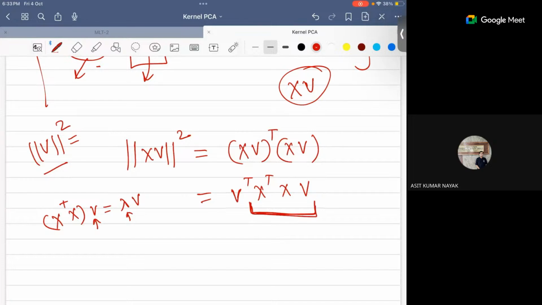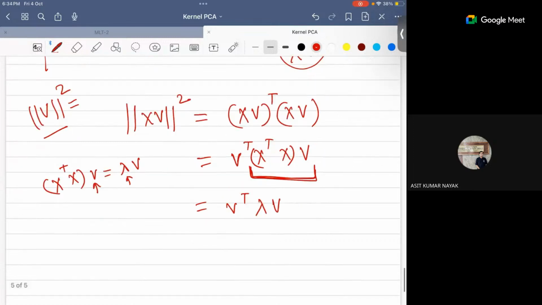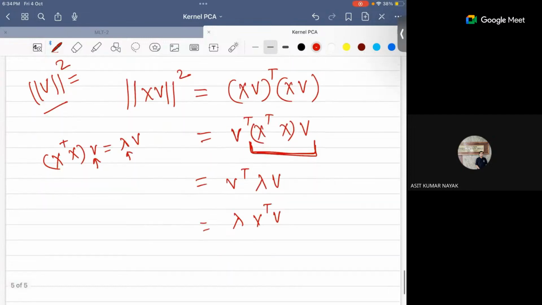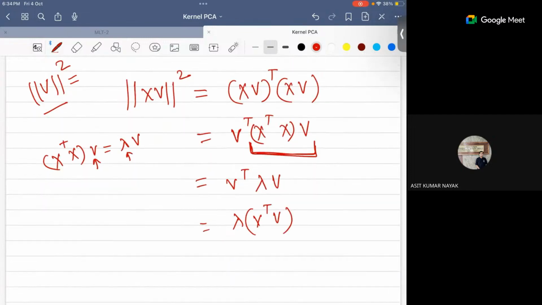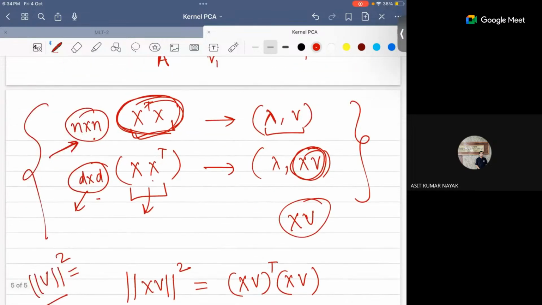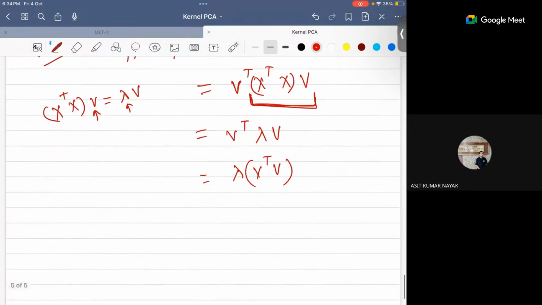This is just lambda times v. So we can write it as v transpose lambda v, and this we can write as lambda v transpose v, because lambda is a scalar value. And v transpose v, we assumed in the starting that v is a normalized eigenvector, so this value will be 1. So we are left with what?